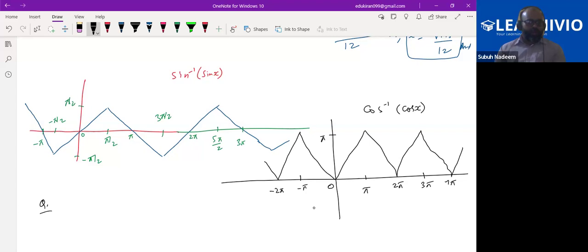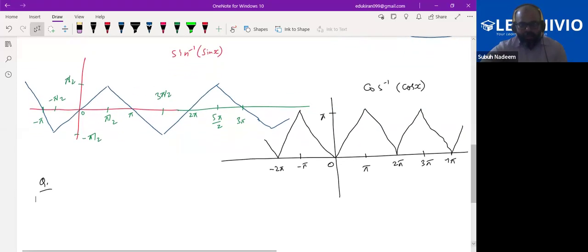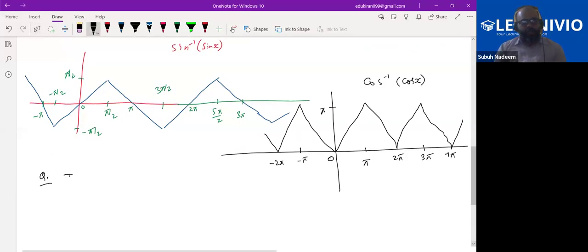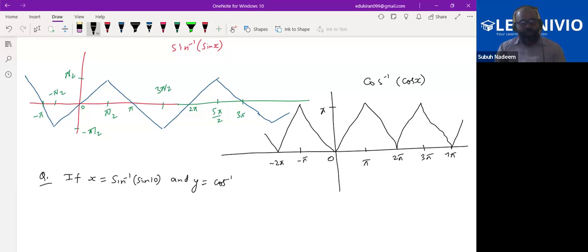Now, if we come to the question, it says that if x is equal to sine inverse sine 10 and y is equal to cos inverse cos 10, then y minus x is equal to, the options given here are 0, 10, 7 pi, pi.